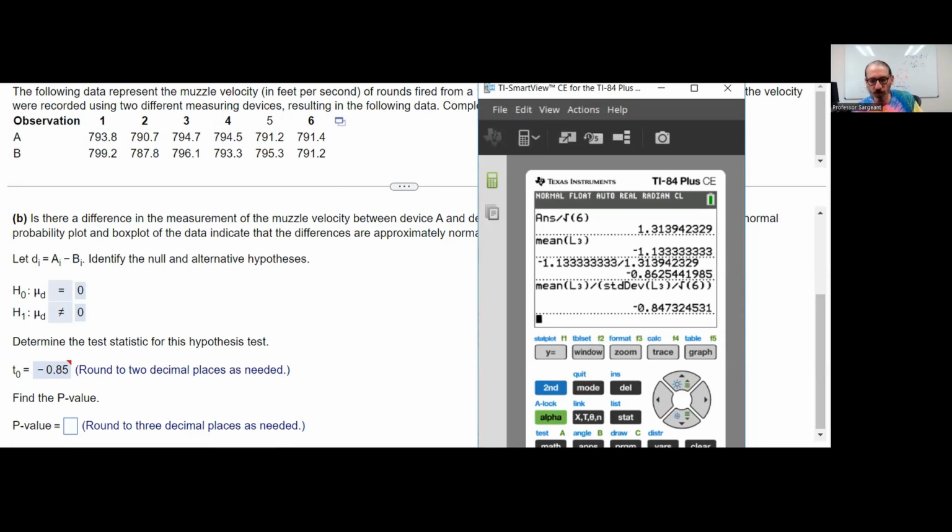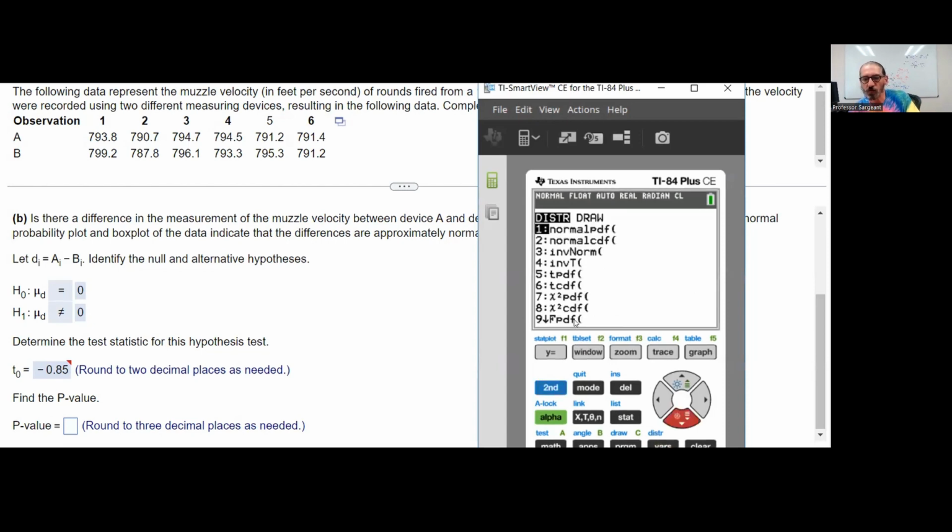Okay, what is the p-value? Well, this is a two-sided test. We don't have a table to refer to. So two-sided test, so I have to double. Second, distribution, go to tcdf, option 6.